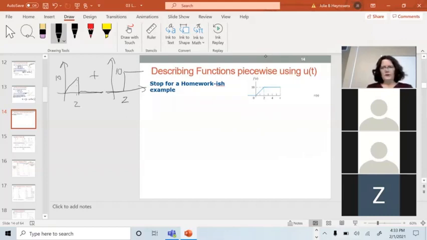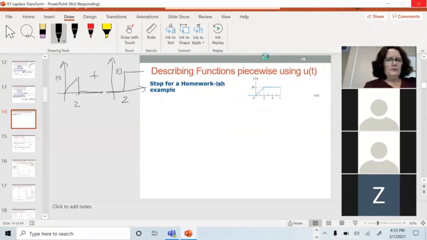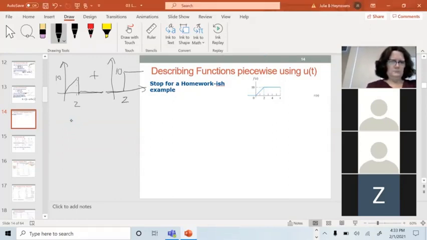So the first function looks like a ramp. In fact, I'm going to say this is R, it's got a slope of 5, 5R of t minus, yeah, that's not right, R of t minus 2.